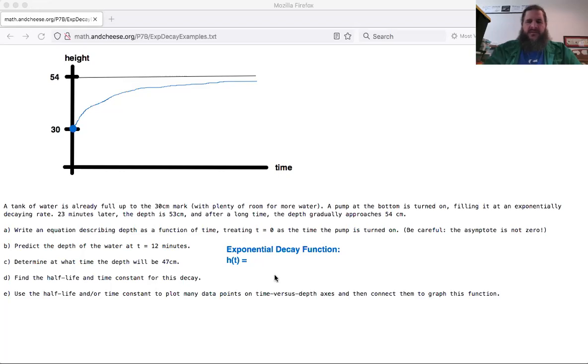I would go even simpler than that, without any parameters at all. I think the simplest exponential decay, I mean, it's exponential, so it's got to be e to the something. And if it's exponential decay, what should we assume about the exponent?